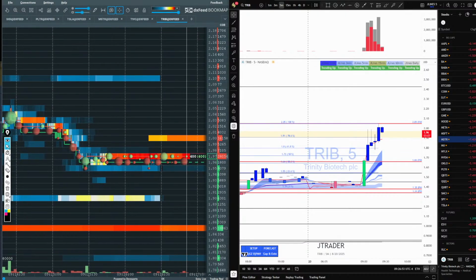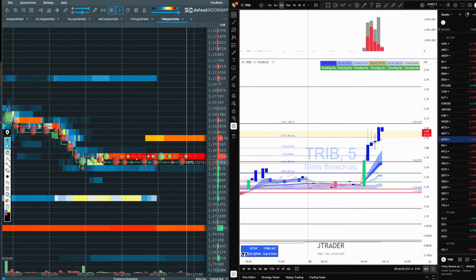Good example is pre-market about Bookmap, using Bookmap.